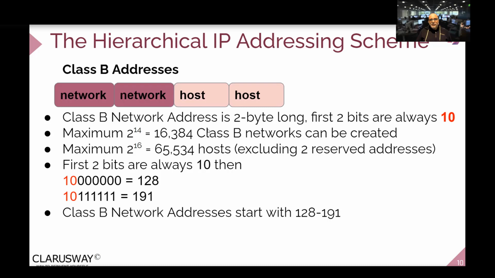So if I look at a Class B network, now I've got 8 and 8, so that's 16 bits, but 2 of them, remember the first 2 bits, are set to 1 and 0. So it means that it's not 16, but I have 14 bits. So how many networks can I create? I can create 2 to the power of 14, or just over 16,000 networks.